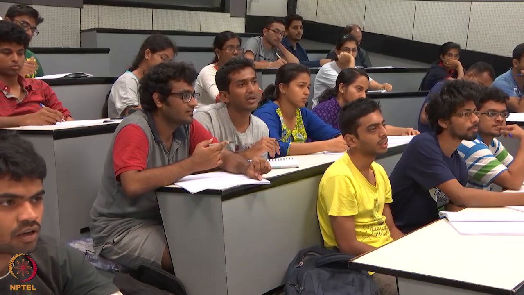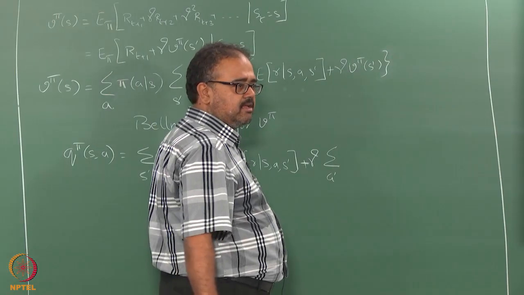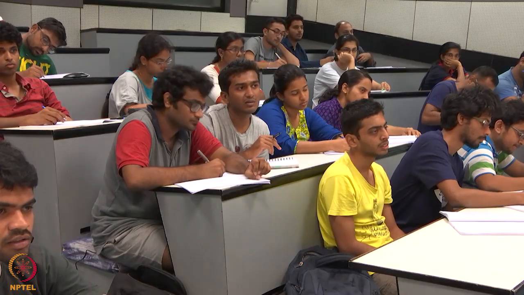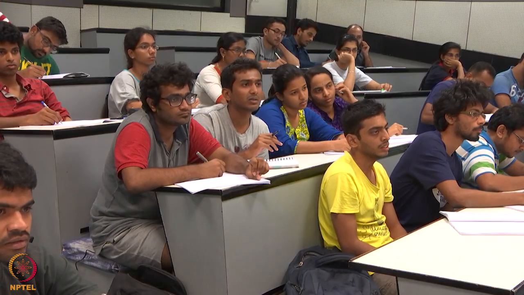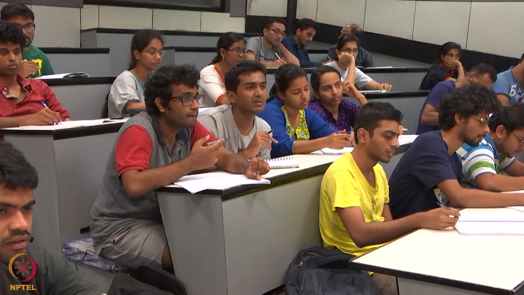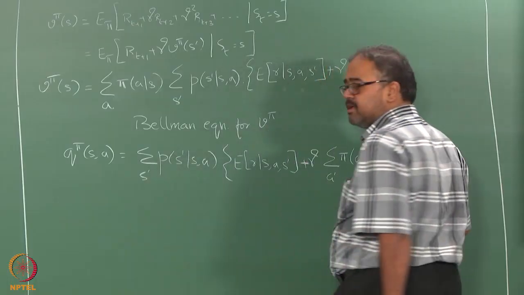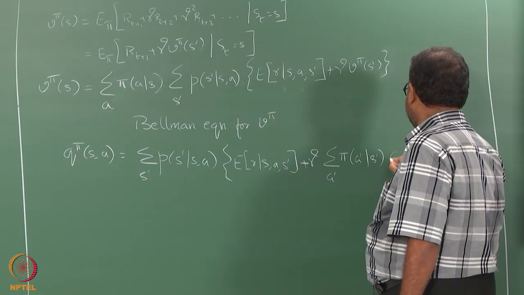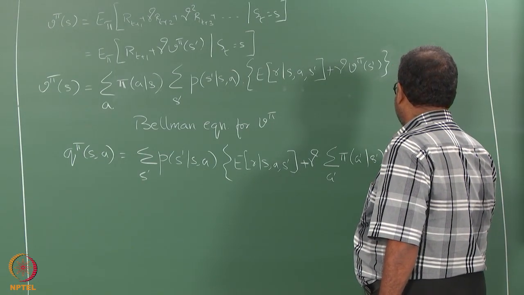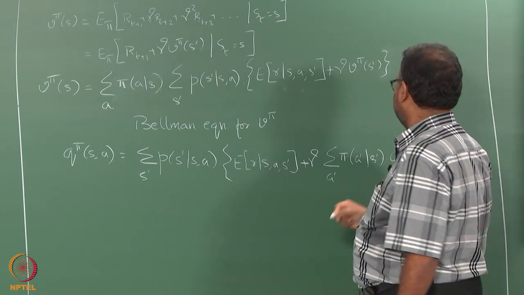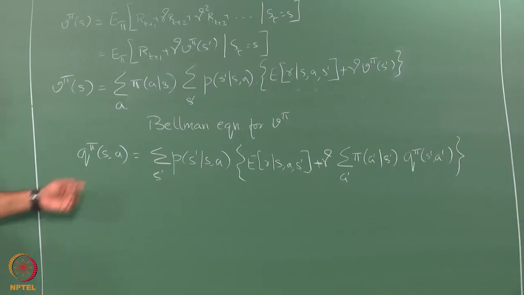So, summation over all actions. This is the Bellman equation for Q pi.